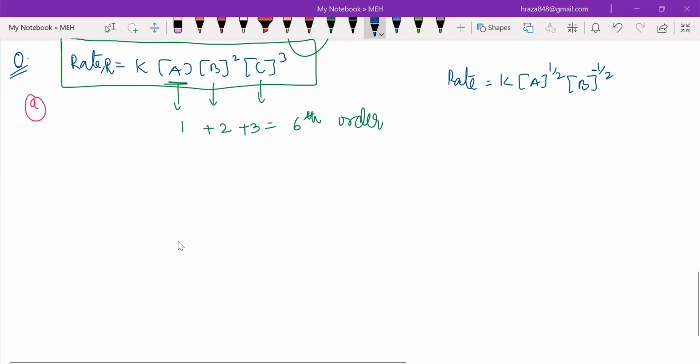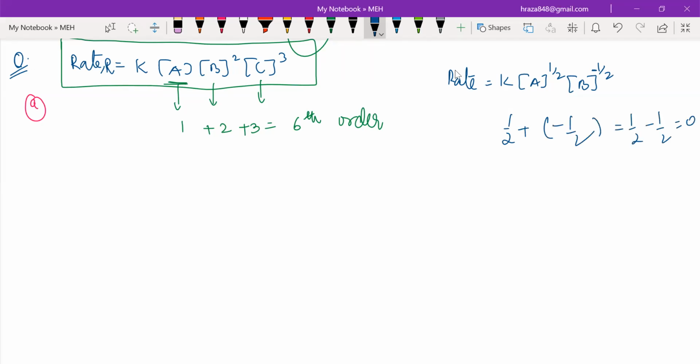Sir, it would be zero. It would cancel out. Zero order. That's good. 1 by 2 plus minus 1 by 2, that will be zero order reaction. Okay. Is that clear? Yes, sir.